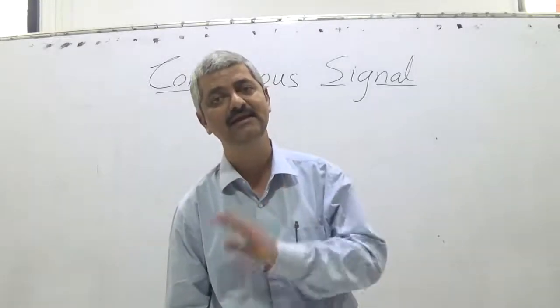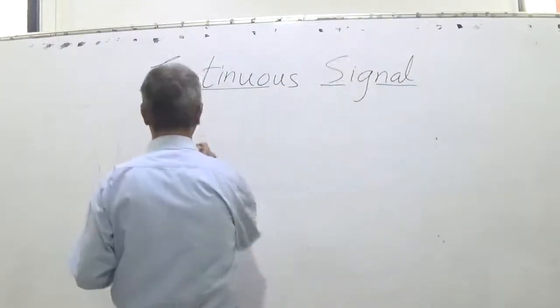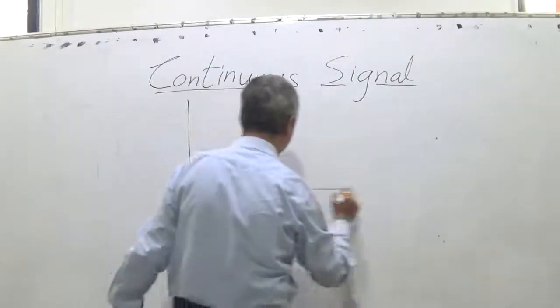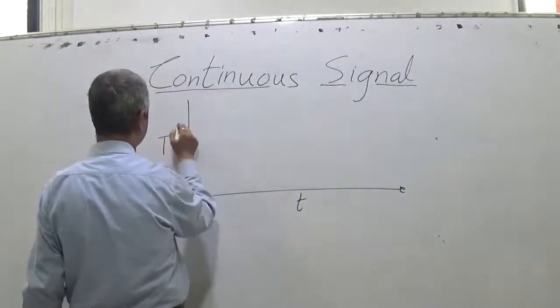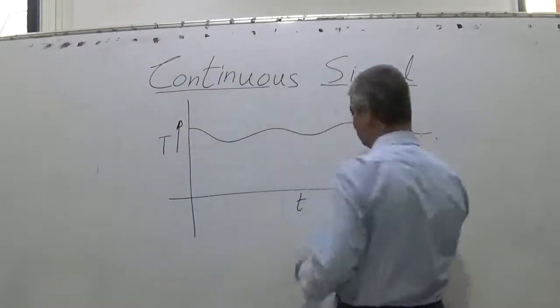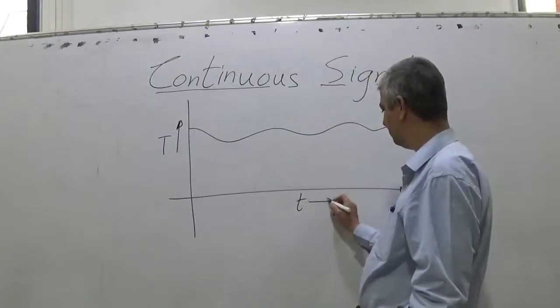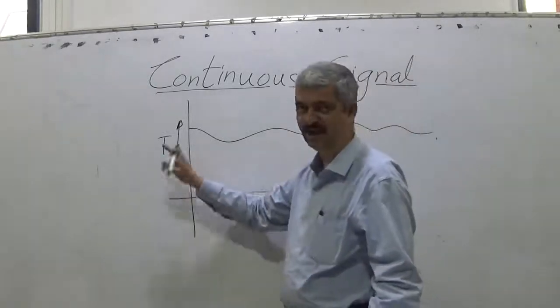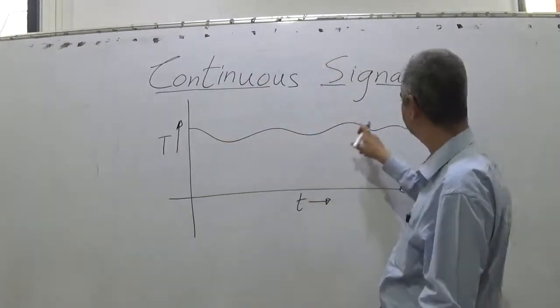It can take any continuous value, and if we plot it with time on the x-axis and temperature on the y-axis, then it can be some graph like this. It is a continuous curve. So time on the x-axis, temperature at a given point on the y-axis, and the temperature may change like this.